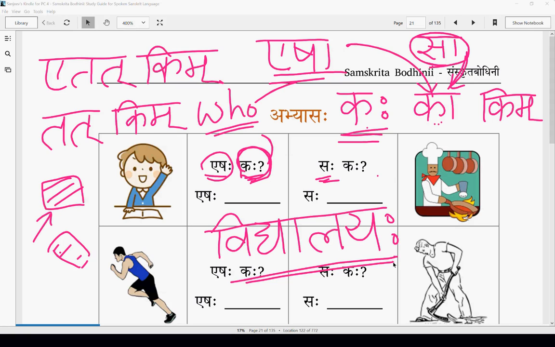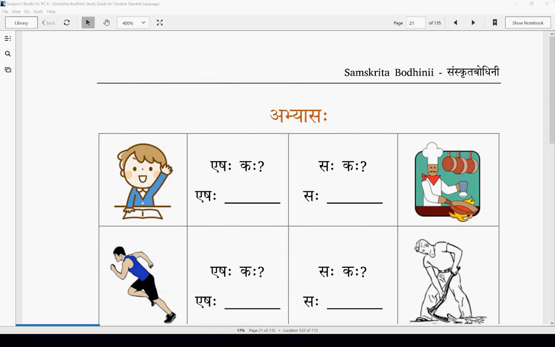Examples here are Eshaha Vidyalayah, Etat Bhavanam, or in Strilingam, Esha Pathashala. Shala is a Strilingam word. Shala means hall. Pathashala, school building. Esha Pathashala. The answer could be in anything.